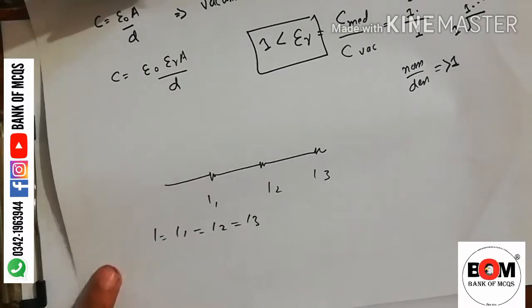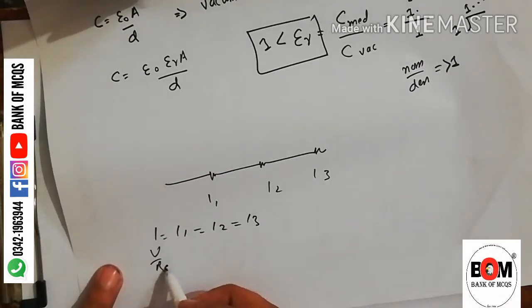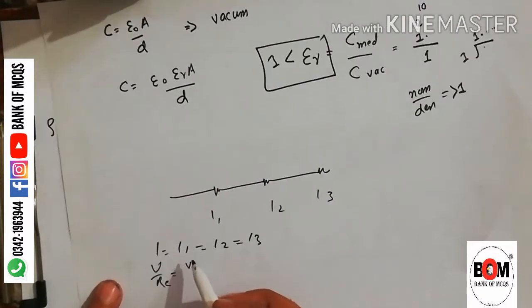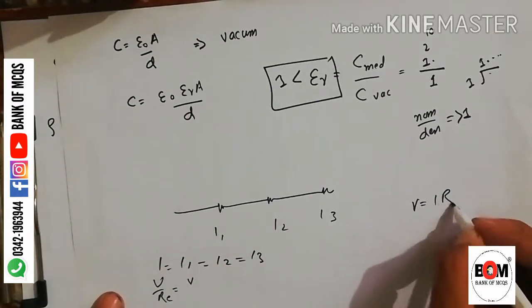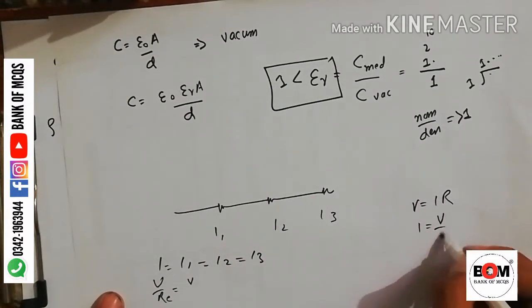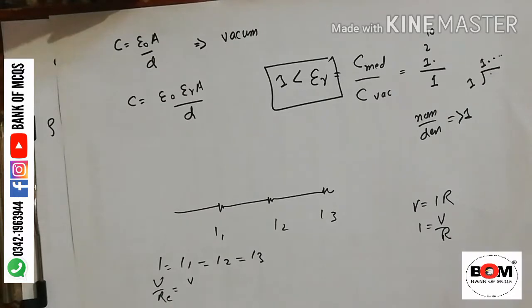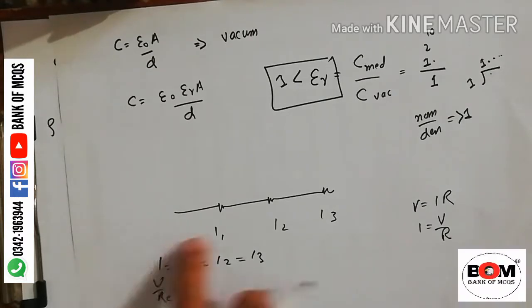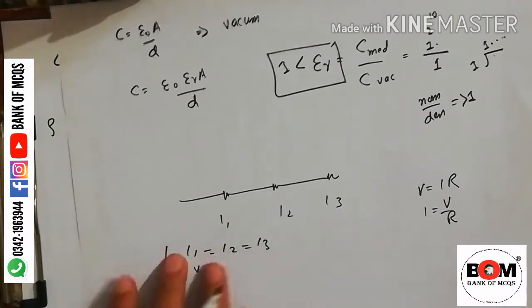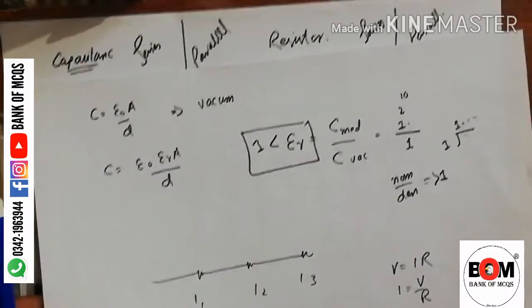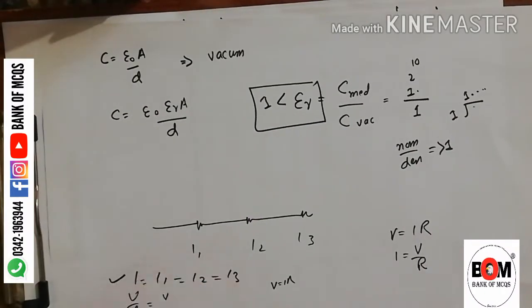Now we know that I is equal to V divided by R, or V is equal to IR. In this case I is the same.